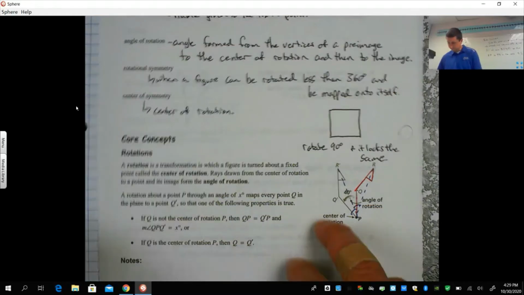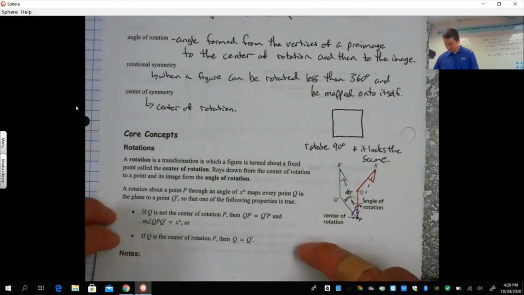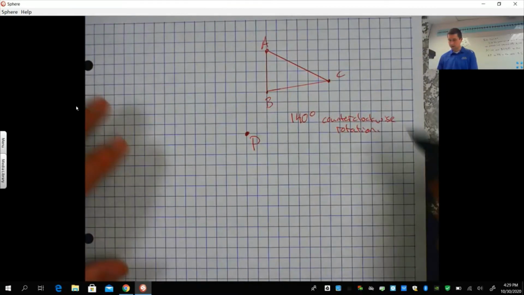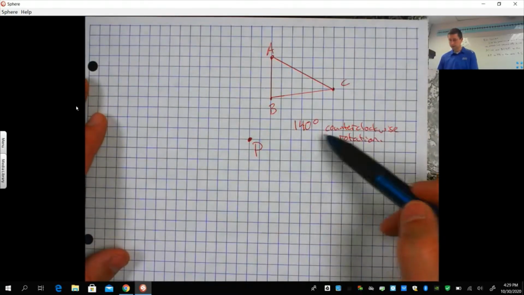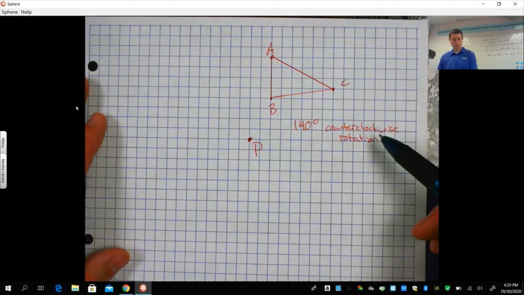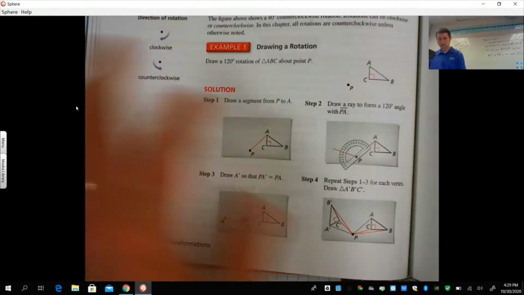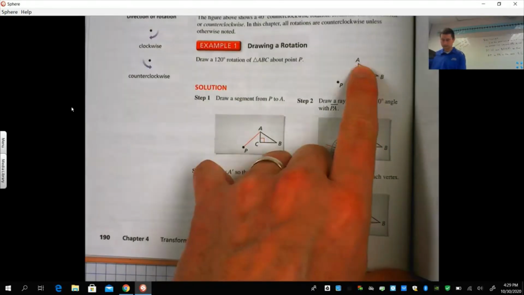What I want to start with here, on grid paper, I have a triangle, and I want to rotate it 140 degrees counterclockwise. If you look in your journal, we're following these steps right here. Same sort of deal, different shaped triangle.